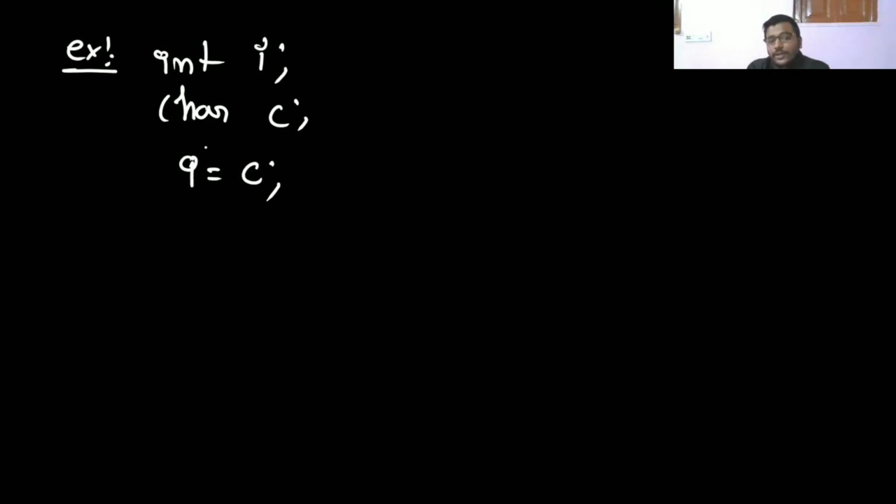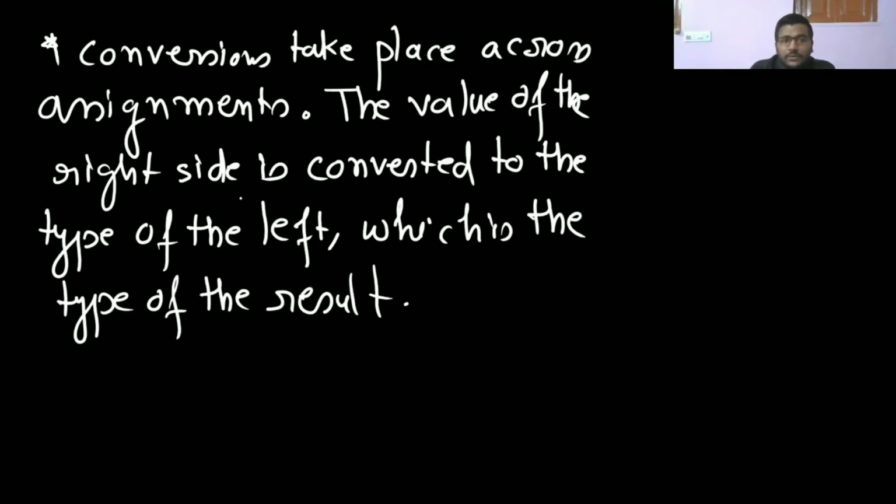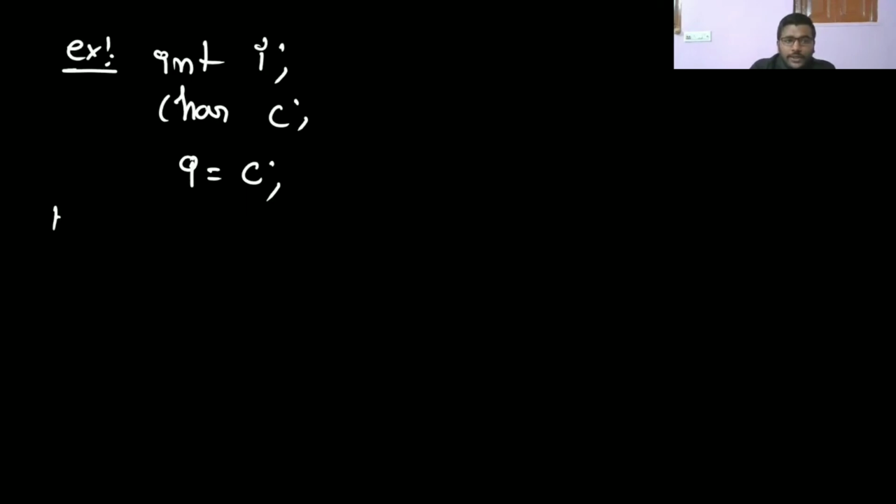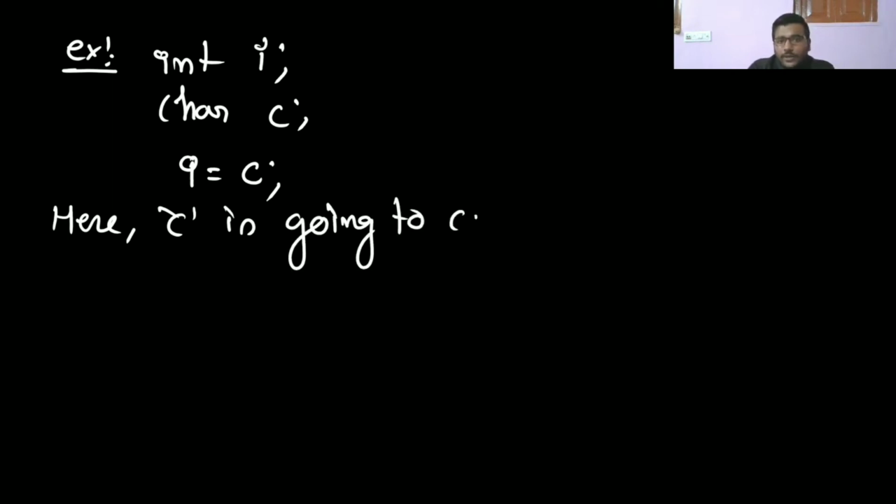As I said here, the value of the right side is converted to the type of the left. Here the type of the left is int, so c is going to be converted into int.